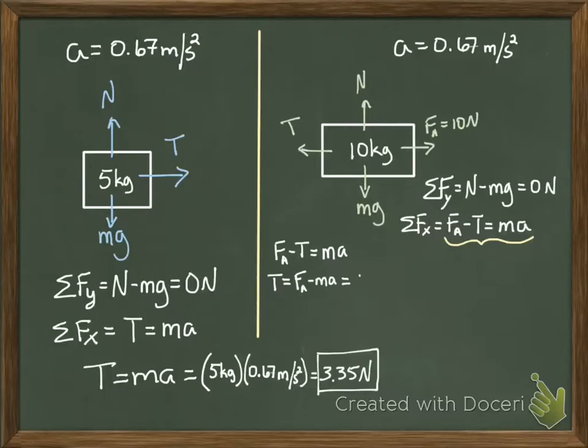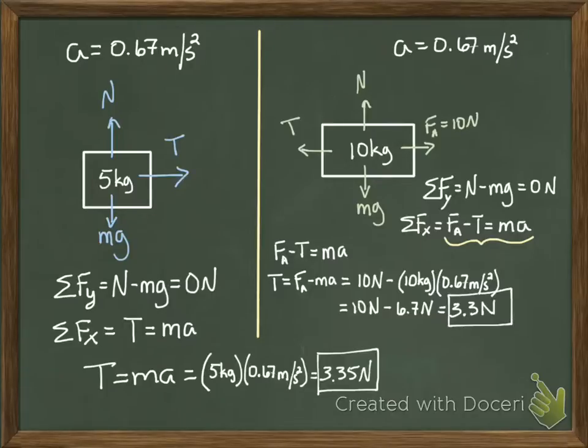If I rearrange the equation and solve for tension, I get the following. Applied force minus ma. Applied force is 10. The mass is 10 kilograms. The acceleration is 0.67. So when I multiply all this out, I have 10 newtons minus 6.7 newtons, and that gives me 3.3 newtons as the tension.